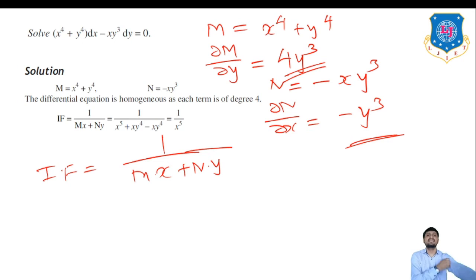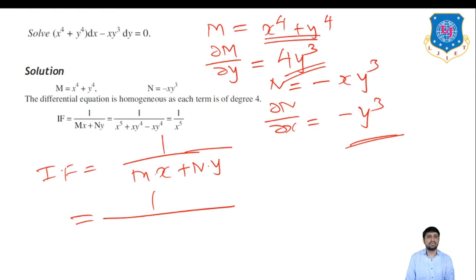In the previous case 3, our integrating factor had Mx minus Ny in the denominator, so 1 upon Mx minus Ny. Here it is 1 upon Mx plus Ny. So this is equal to 1 upon, what is your M?